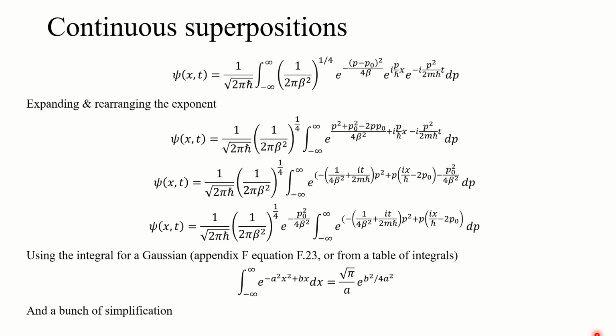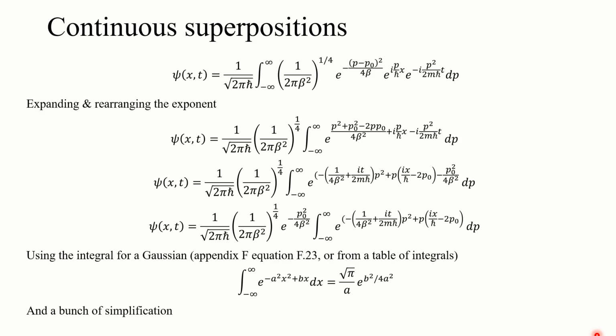You can look this up from a table of integrals, or there's one at the back of the book in Appendix F. It's actually equation F23 that we have this a in our exponent and this b in our exponent, or a squared, I should say. And so we can just essentially do this integral, and it takes a while.